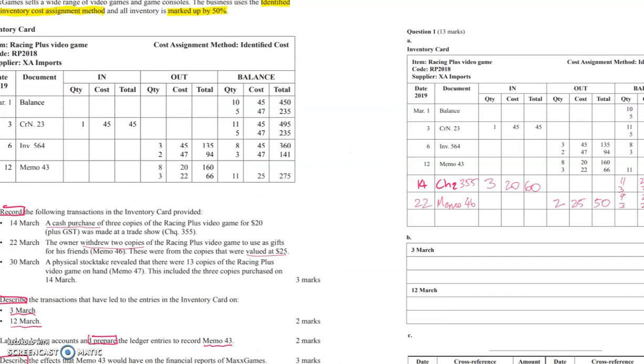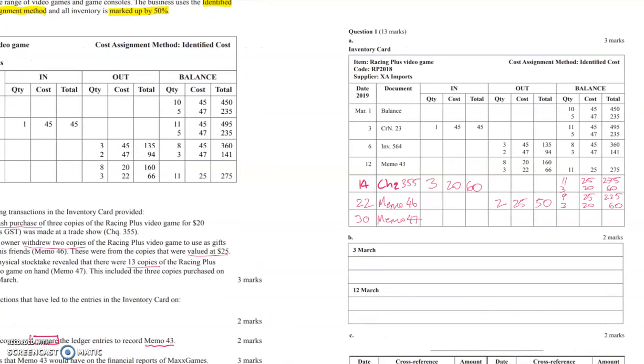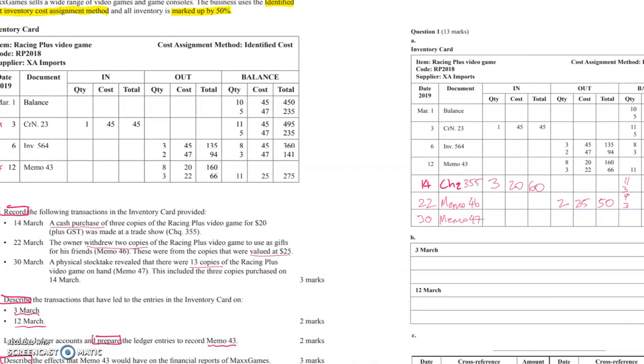Next we have on the 30th of March an inventory count. So we have Memo 47 being our source document for this transaction. Now the inventory count uncovered that we have 13 copies of the Racing Plus video game. So if we look at our inventory card, for the count we had 12, 9 plus 3 is 12. So we've made an inventory gain of 1. And what is the cost of that inventory gain item?